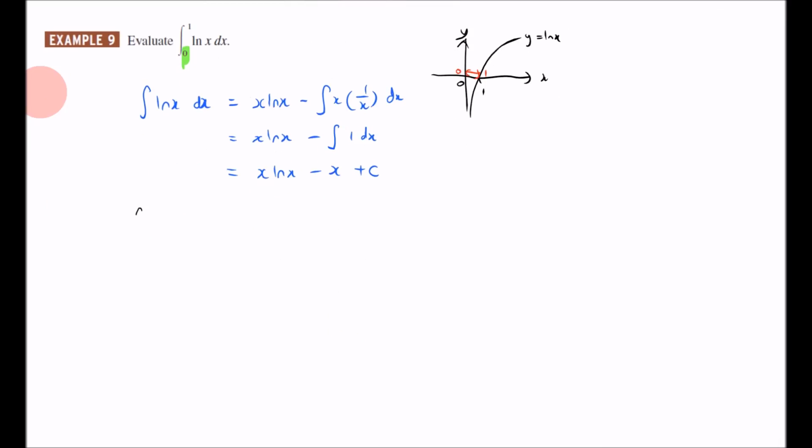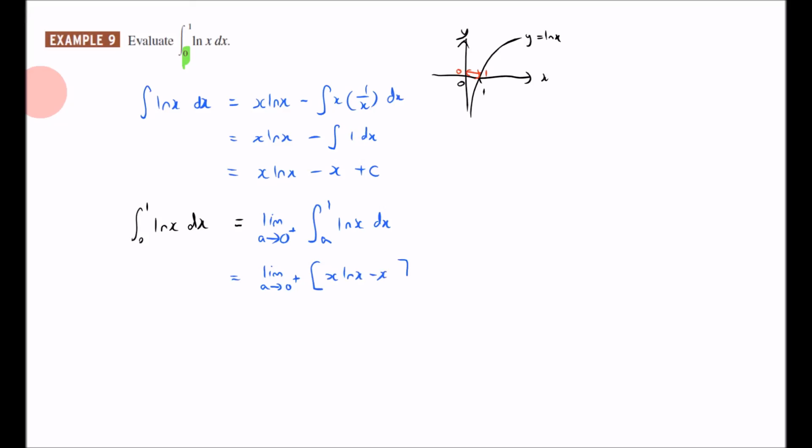Next, now we put in our integration with limits. It comes out to be an improper integral because of the infinite discontinuity. So we say limit as a approaches 0 plus, because here it is more than 0. Integrate from a to 1 of ln x dx. So you bring in our result for the indefinite integral: bracket x ln x minus x.